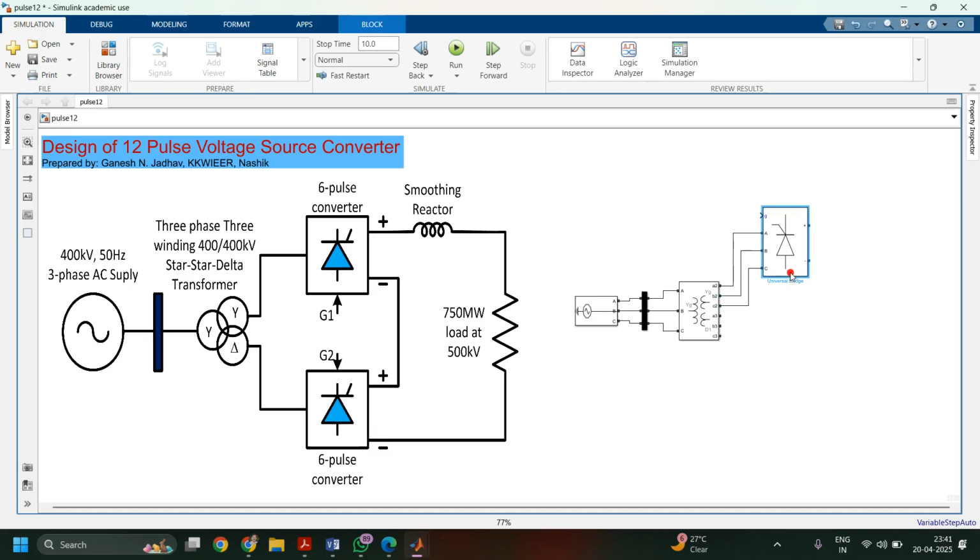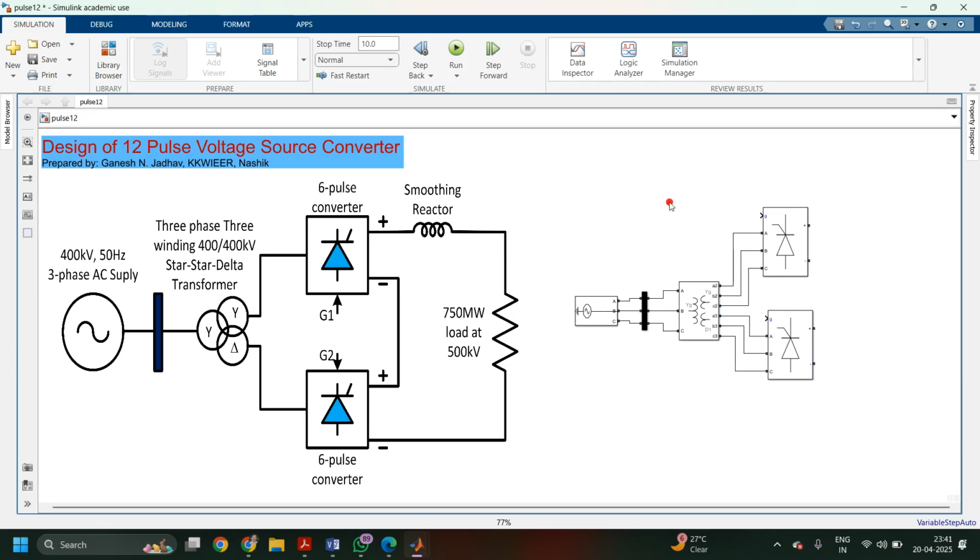Okay. Now copy the same universal bridge here, then connect A3 to A, B3 to B, and C3 to C. So let me adjust this somewhat such that it looks nice.